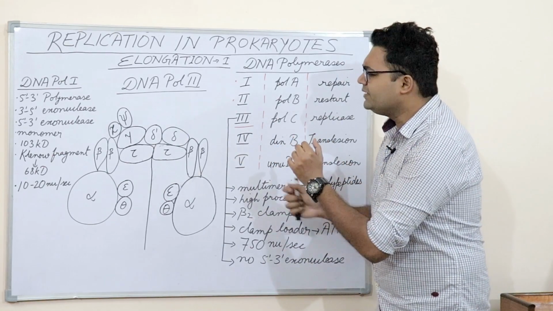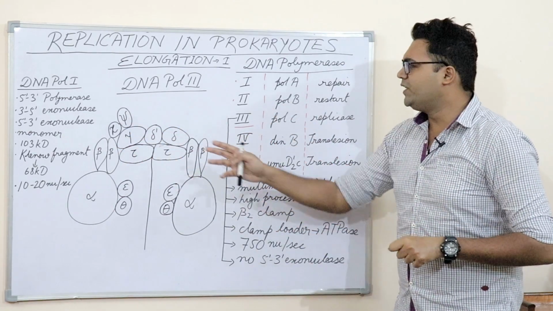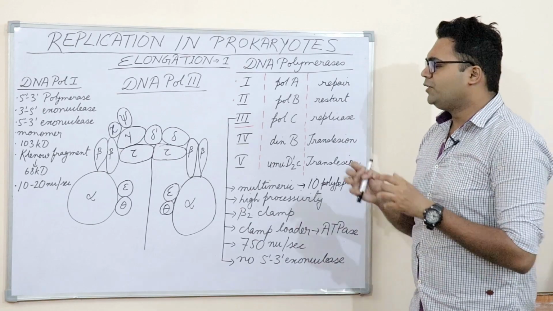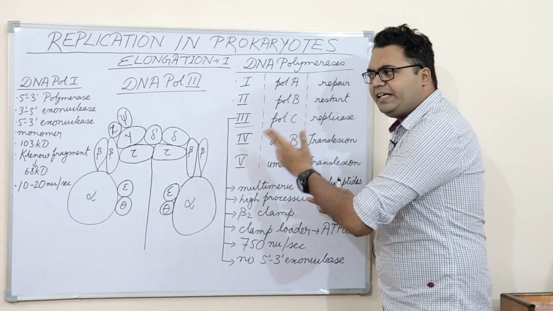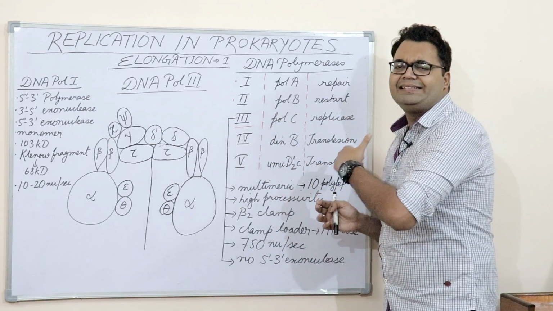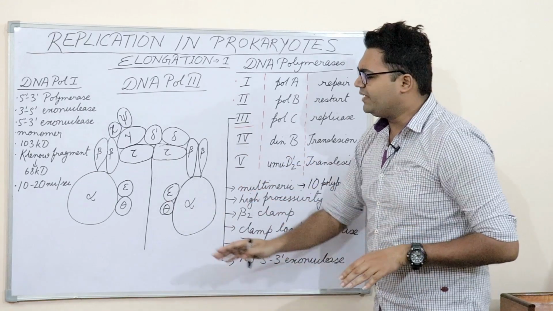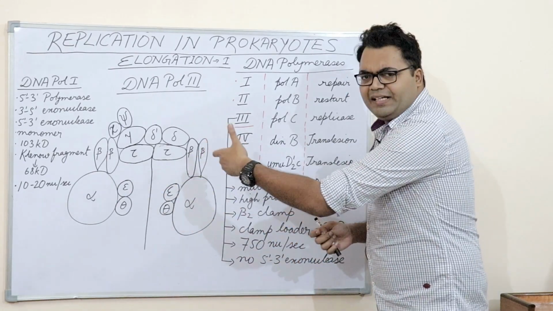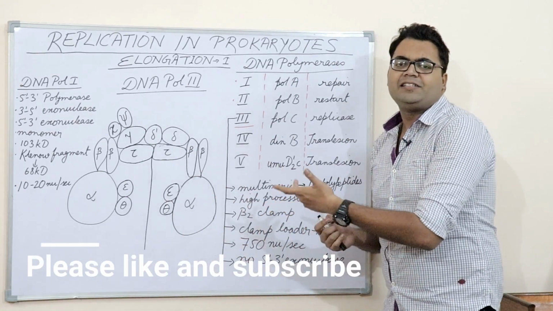This cannot happen in the absence of the beta clamp, which is present in DNA polymerase 3. So DNA polymerase 1 is on its own, a monomeric protein, and it cannot cause the addition of dNTPs incessantly, right? It keeps on falling off from the substrate. That's why the speed that it can attain maximally is only 10 to 20 nucleotides per second.